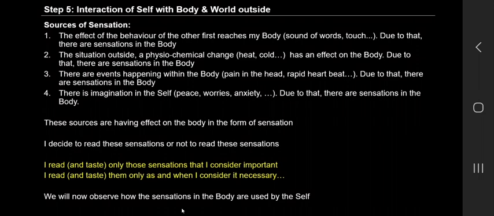So these sources are having effect on the body in the form of sensation. So sensations are happening due to these sources, but it is my choice what sensation should we read. So it is my decision whether to read these sensation or not. So I read them only as and when I consider it necessary.